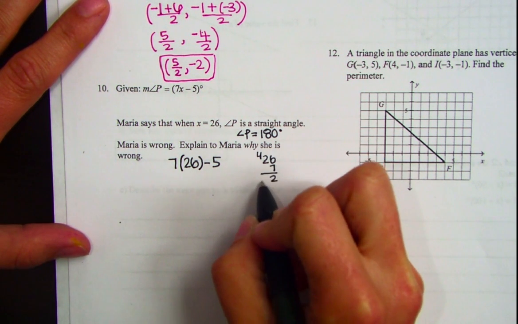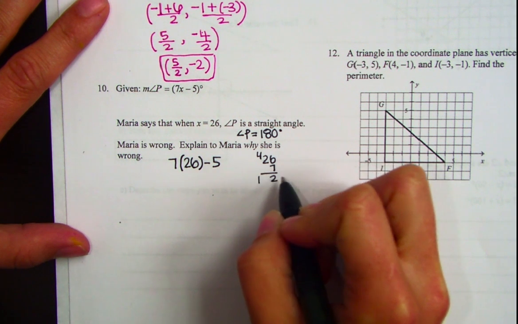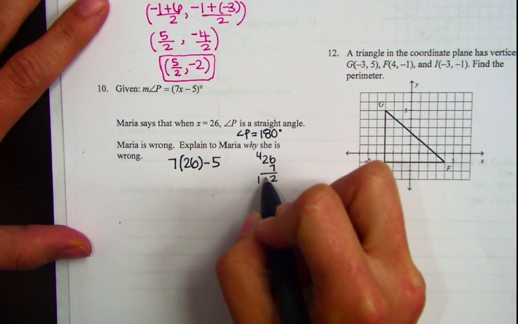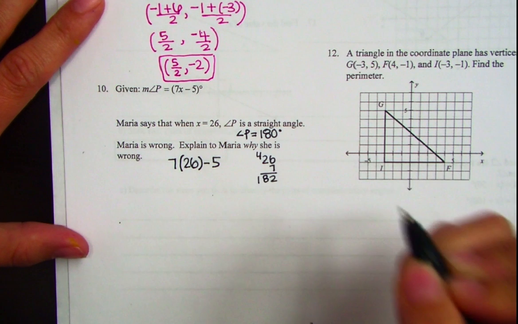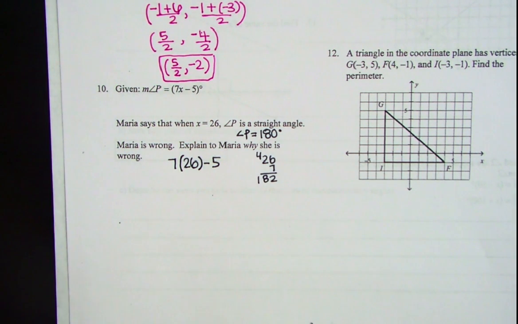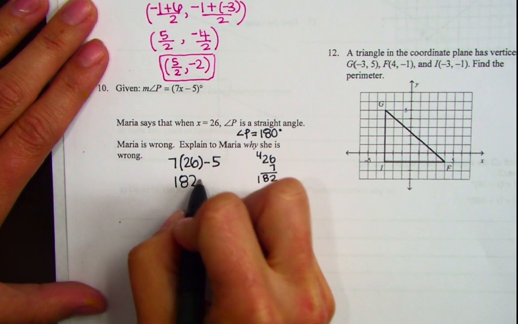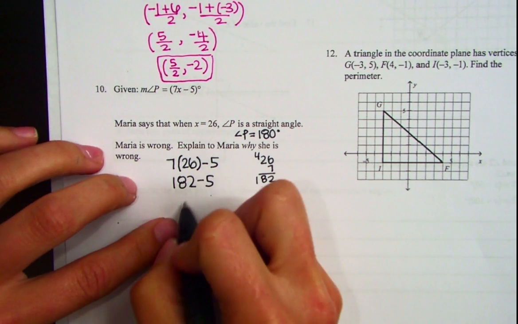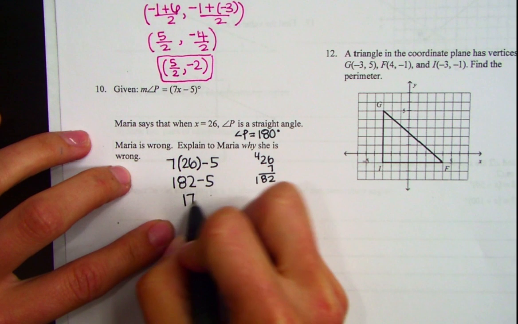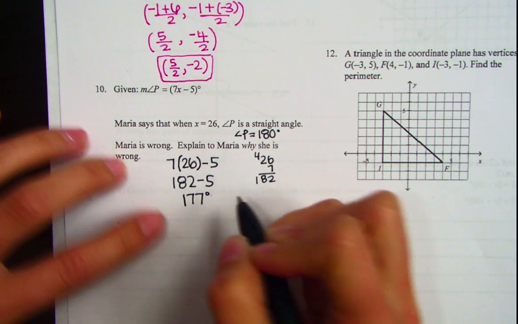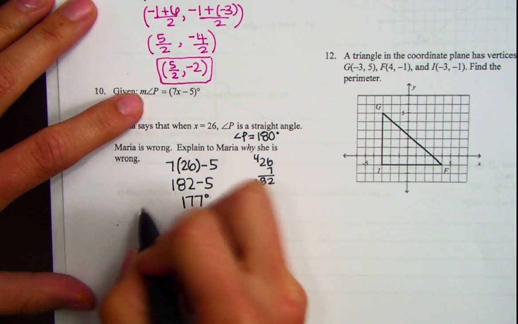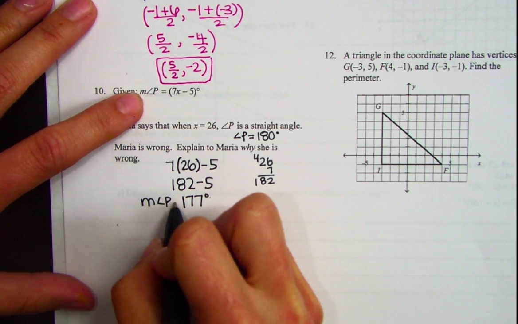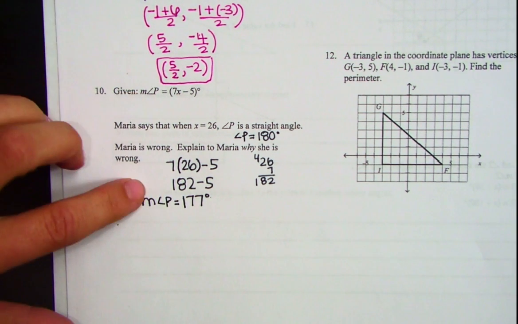So I get 182. 182 minus 5 gives us 177 degrees. So that means the measure of angle P is equal to 177 degrees.